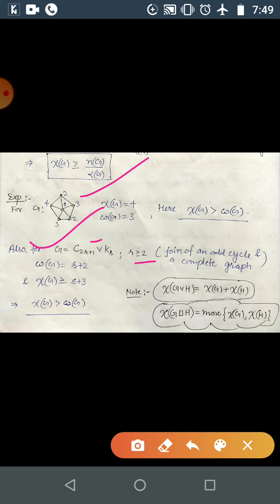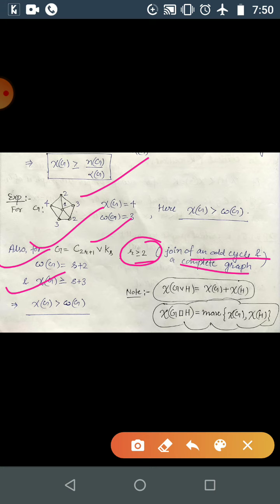Join with K_s, the complete graph of order s. So this is the join of an odd cycle and a complete graph, and the odd cycle has order at least 5. Here the clique number will be s plus 2, and the chromatic number will be greater than or equal to s plus 3.